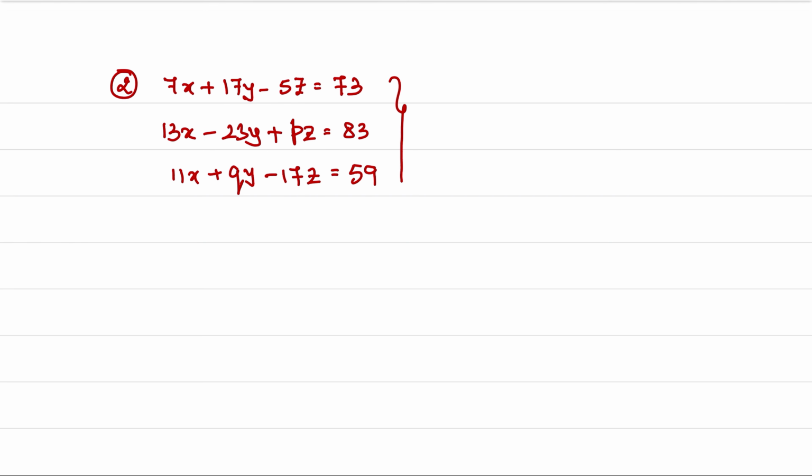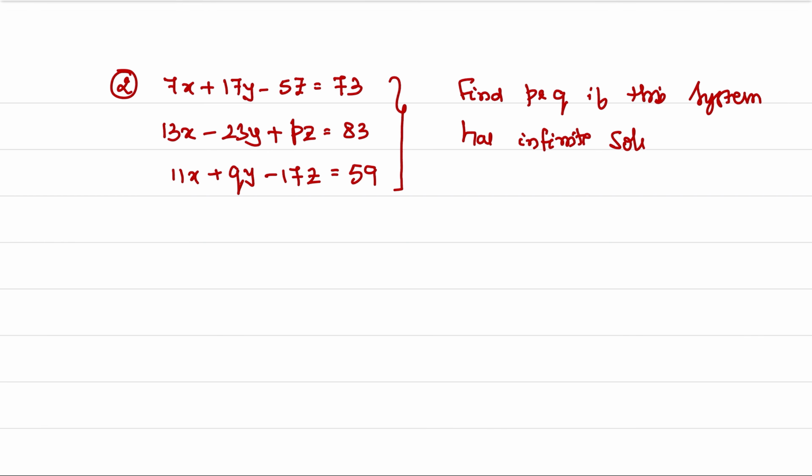This is the system of simultaneous equations given. Find P and Q if this system has infinite solutions.